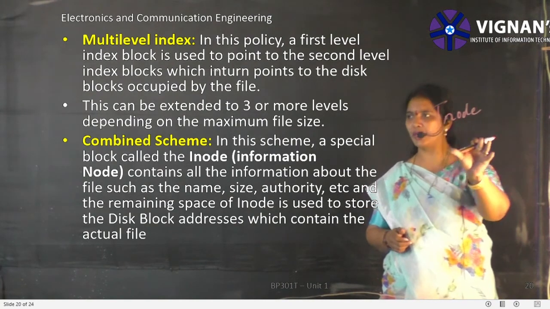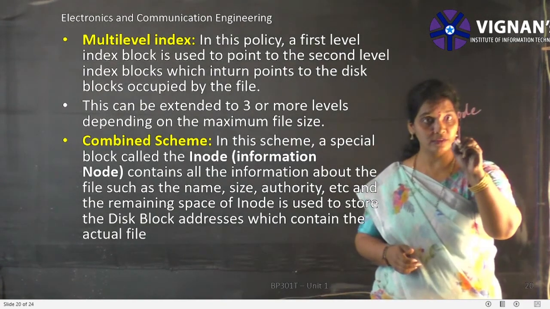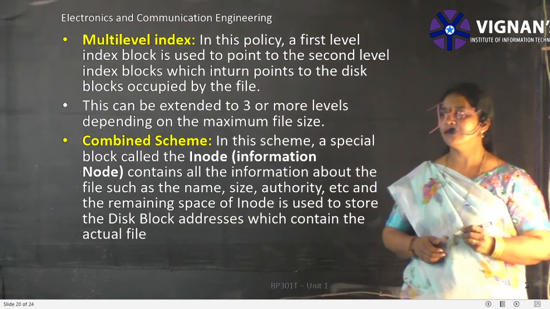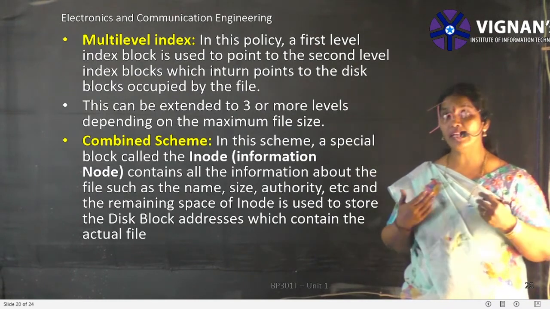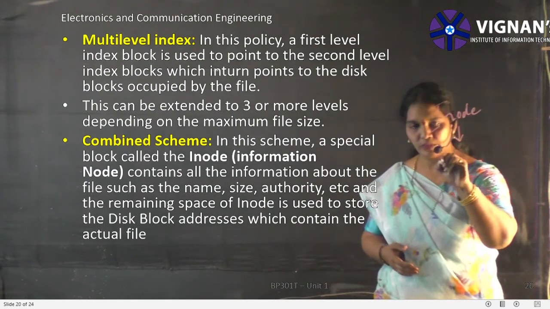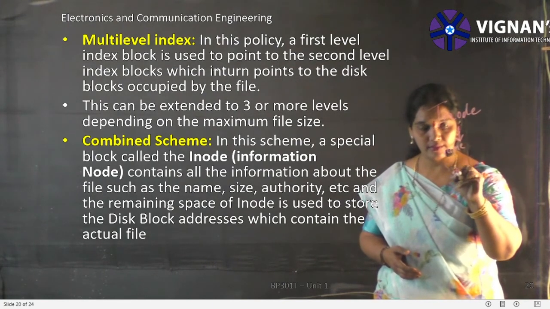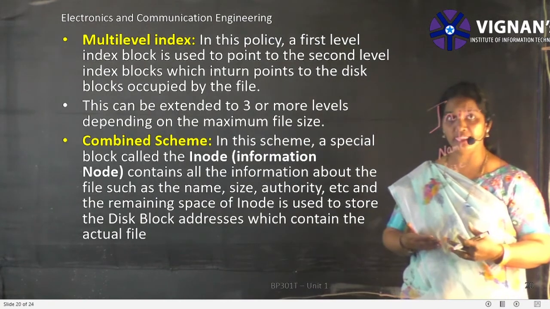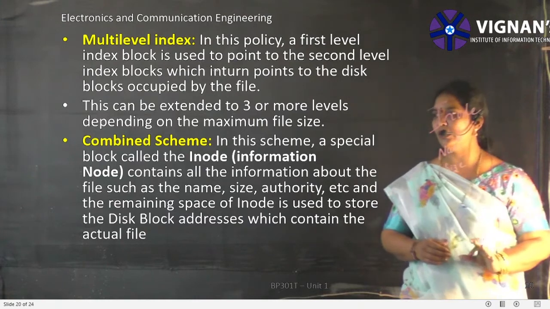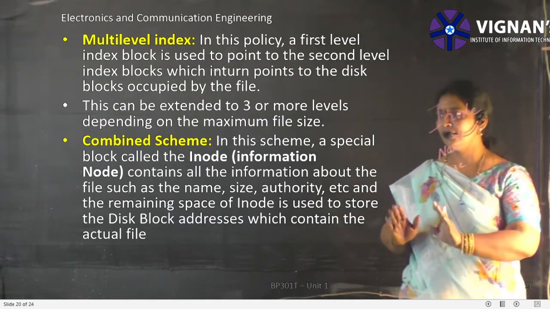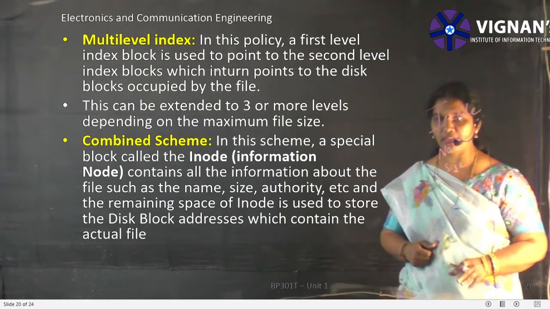So here a separate block, the inode, is used. This inode contains file information such as name, size, authority, etc. And the remaining space of the inode is used to store the disk block addresses which contain the actual file.